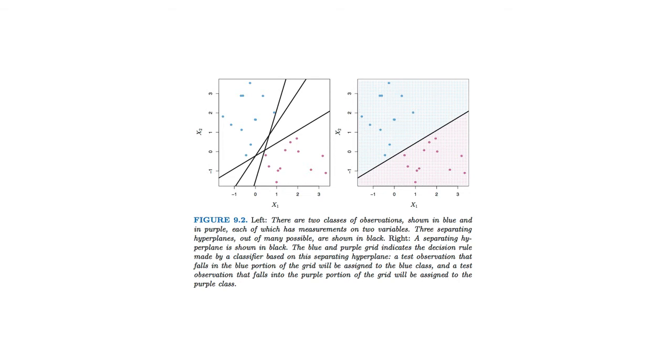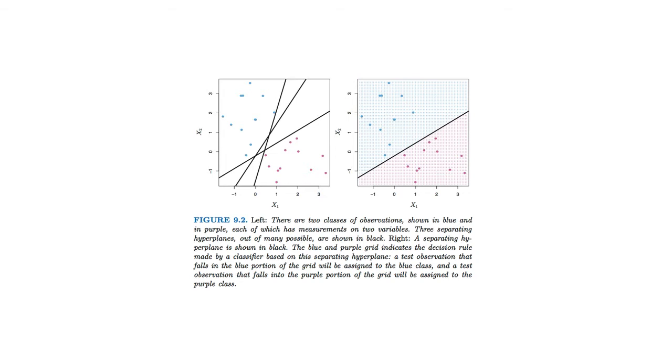In any event, this particular set of points has several different lines. You can see in the left-hand panel there are 3 different lines that all have the blue points on one side and the purple points on the other side. So we can pick one of those and say that this line is the separating hyperplane. But the question is, which one do you pick? Do you pick the one that's the most vertical?